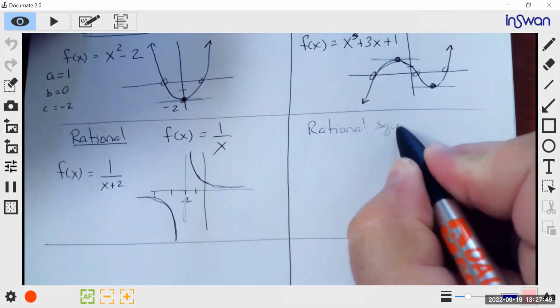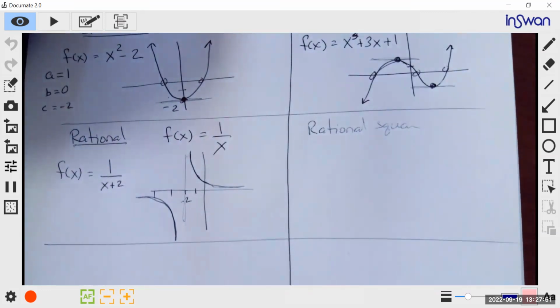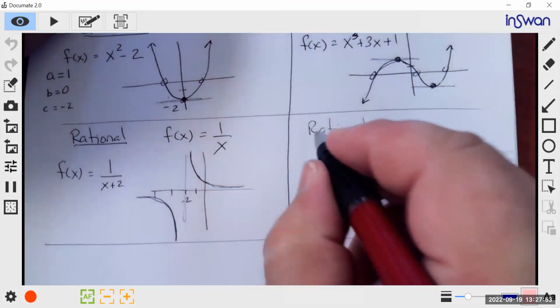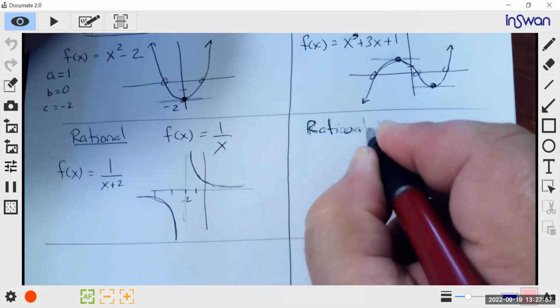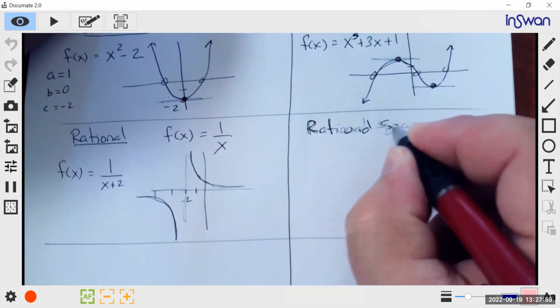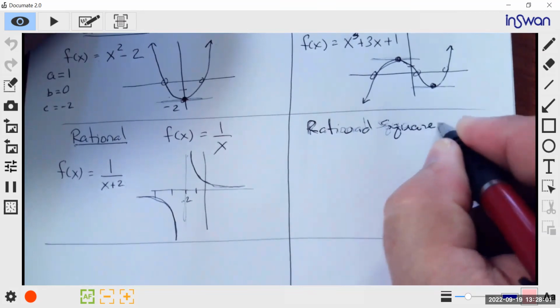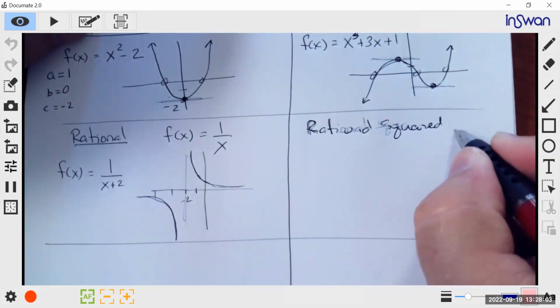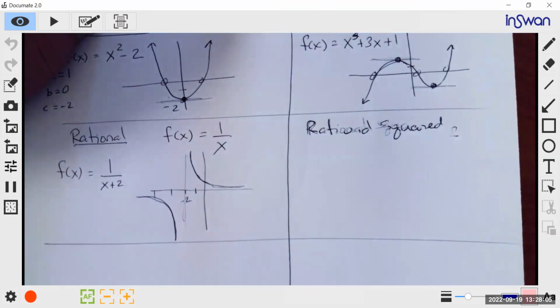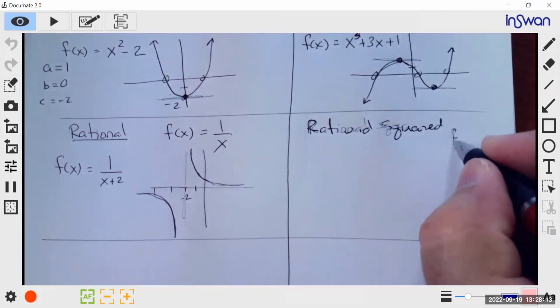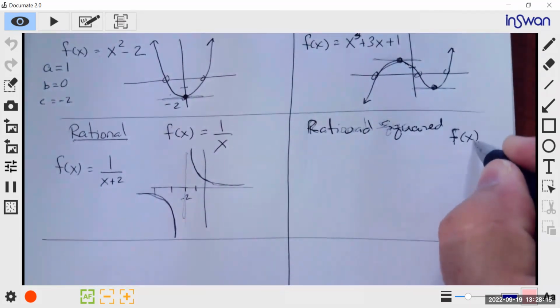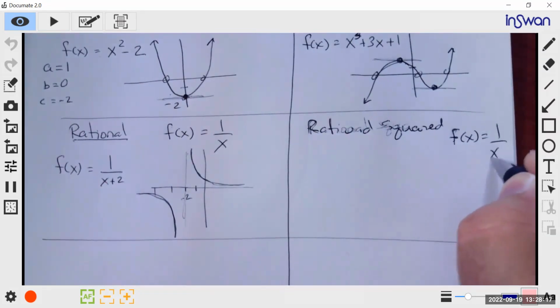Rational squared: f of x equals 1 over x squared.